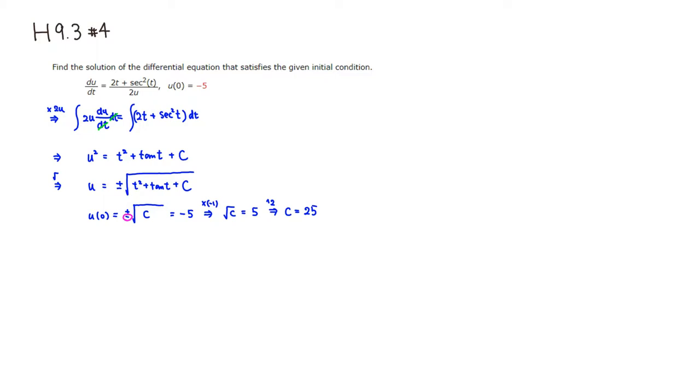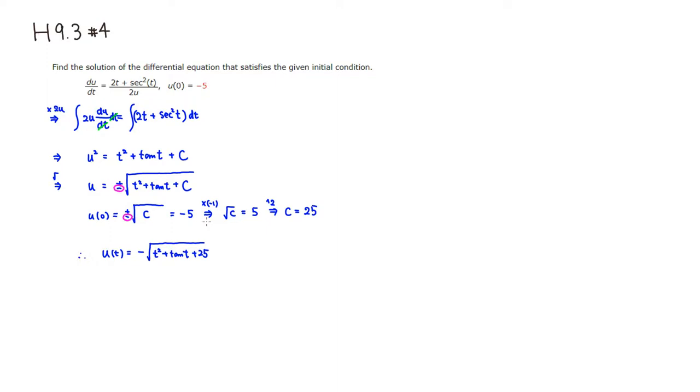So this is going to be negative here. Therefore, the solution u of t is equal to negative square root of t squared plus tangent of t plus 25.